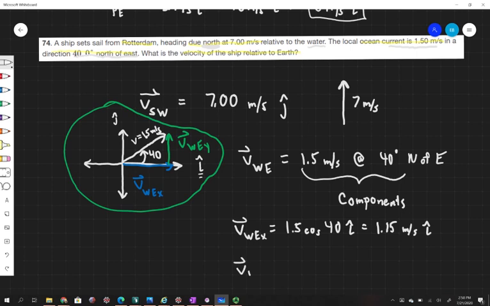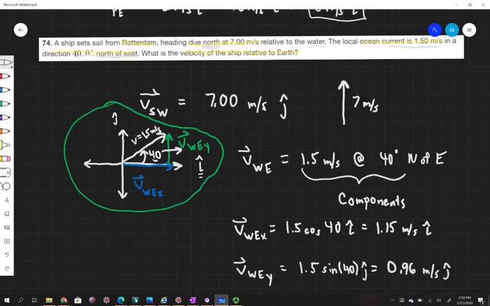Then we have v of water relative to the Earth in the y direction, traveling north, is 1.5 times the opposite side of that triangle, right? There's the 40 degrees. The v_WE,y is on the far side of the triangle, so that has to be the sine of the angle, times the sine of the 40, and that's going to be going entirely in the j-hat direction. So we multiply this out, and we find v_WE in the y direction is 0.96 meters per second in the j-hat direction.